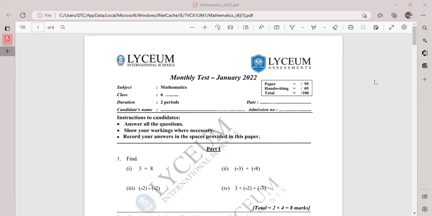Even though your answers are correct, children, you will not receive all the marks because you have not adhered to the instructions. They have asked us to record our answers in the spaces provided in this paper.